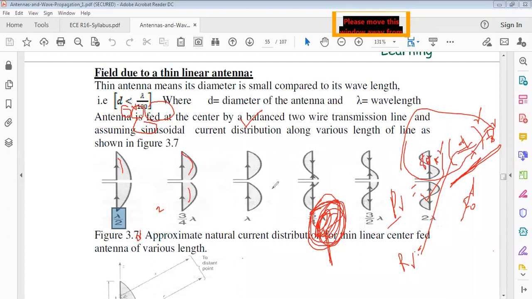If it is lambda, it is completely separated. I mean, greater than lambda, and it is also very easy with the expression. One expression is there.